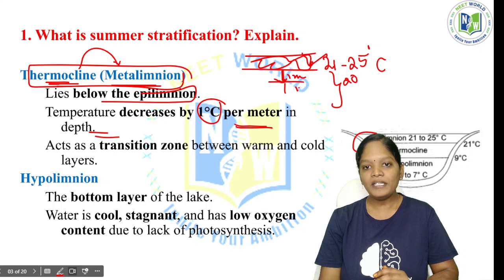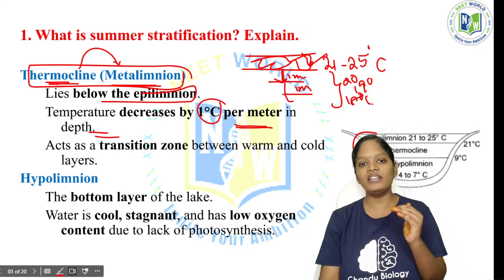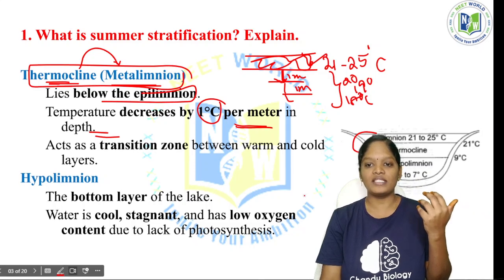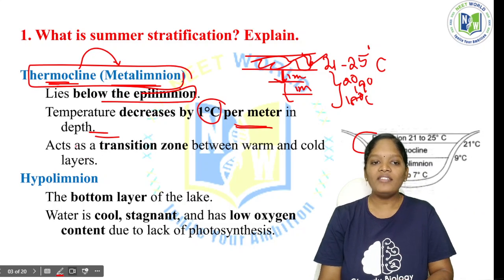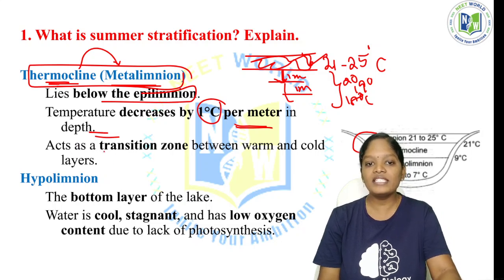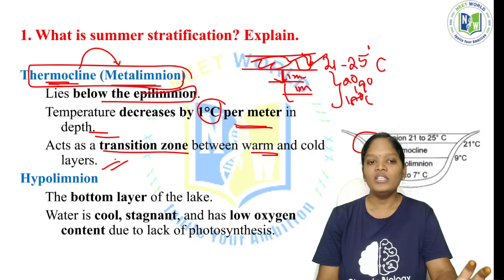Another 1 meter, there will be 19 degrees Celsius. Another 1 meter, it will be 18 degrees Celsius. So for every 1 meter, 1 degree Celsius of temperature decreases. The thermocline is acting as the transitional layer between the warm and the cold layers, so it acts as a transition zone.